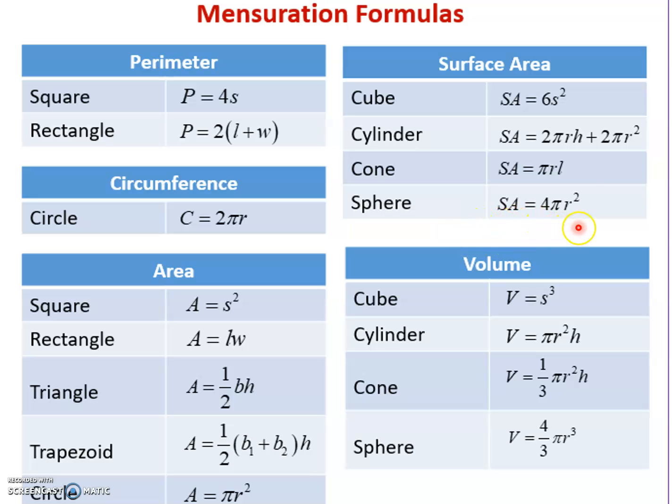Sphere is given by 4 pi R square, where R is the radius and pi is 22 upon 7 or 3.14, depending on what is given. Now we start volume. Cube: V is equal to S cube, where S is the side.